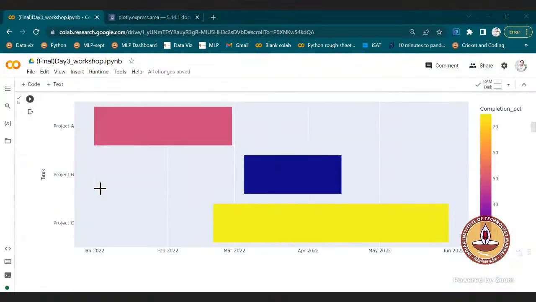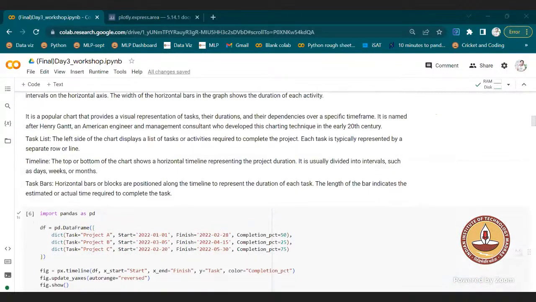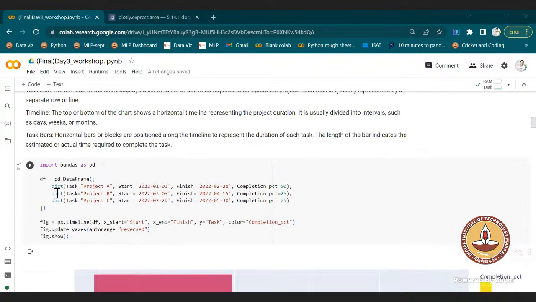Whenever you have to plan any schedule or any work, these types of charts will be very helpful. Here, what we have done is create 3 projects: project A, B, C, with starting time, finishing time, and completion percentage.